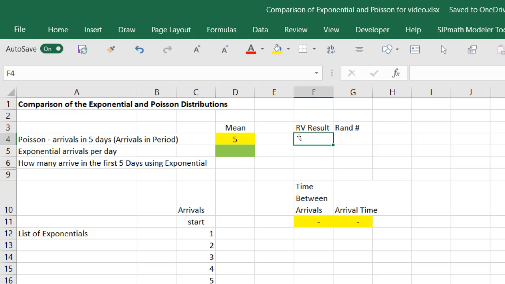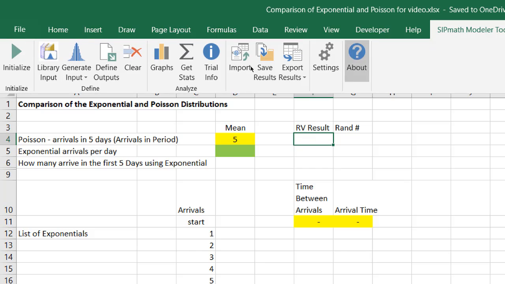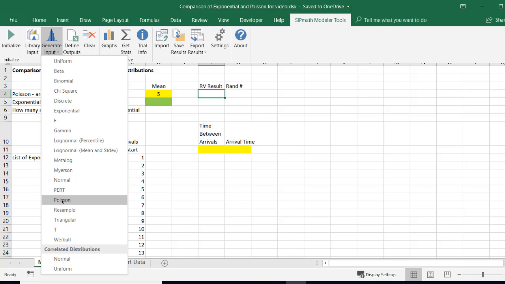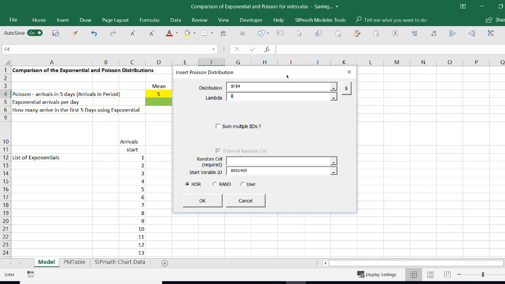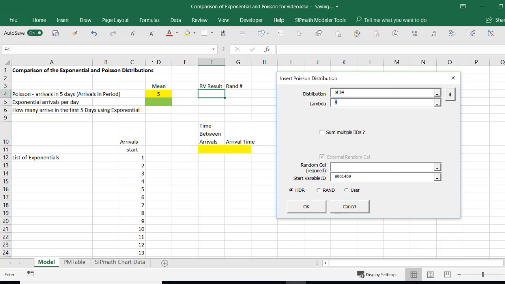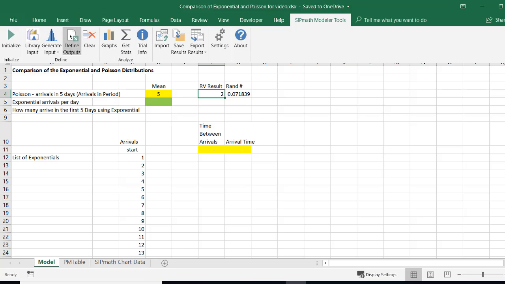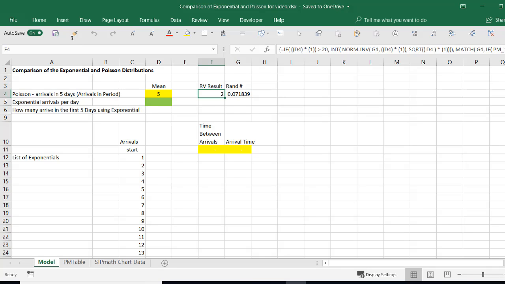I want my result to be here, and I go up to SIPmath Modeler Tools, and I'll generate input, and I'll generate a Poisson. I want it to have a lambda or mean of 5. And I need a random cell, which I'm going to put right here. I say OK. I now have my random variable. Let's look at that distribution. So SIPmath, define outputs.